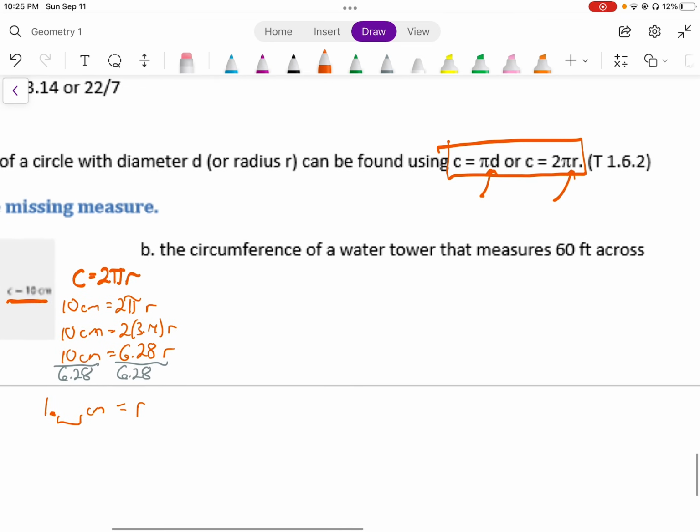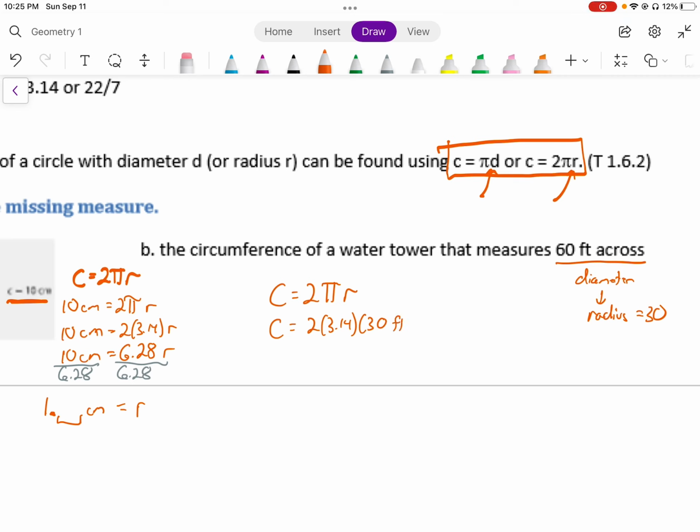And then the next one says find the circumference of a water tower that measures 60 feet across. Well, 60 feet across would be diameter. So we know circumference is equal to 2 times pi times r. Well, it didn't tell us radius, it gave us diameter. So what's the radius? It's 30. 2 times 3.14 times 30 feet.